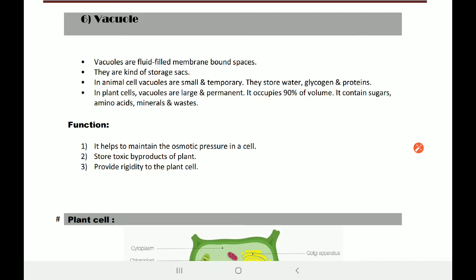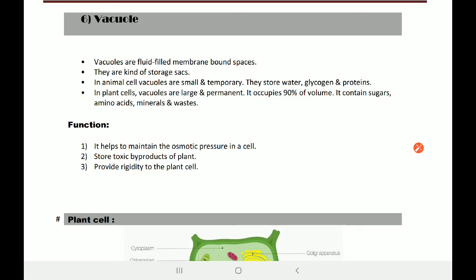Not only for storing waste, that was just an example I gave you, but even for storing water, the plant needs it. The plant needs the vacuole, especially for storing carbon dioxide sometimes, because plants need carbon dioxide.